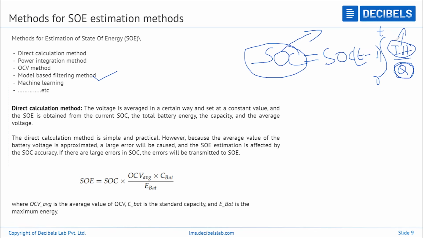and in the numerator you are going to calculate or estimate the instantaneous energy, through this equation: SOE(t-1) plus the integration of V into I, so this will become power multiplied by dt, divided by energy.